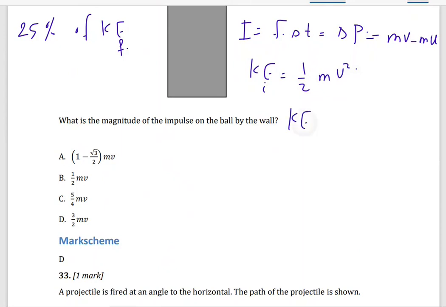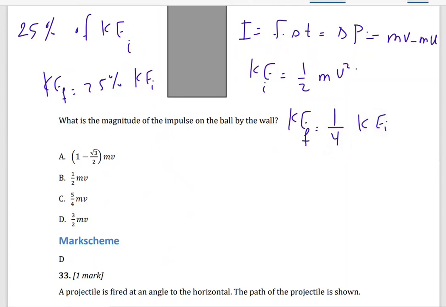The kinetic energy final, after it collides, retains 25% of the initial energy, which means a quarter of the kinetic energy initial.